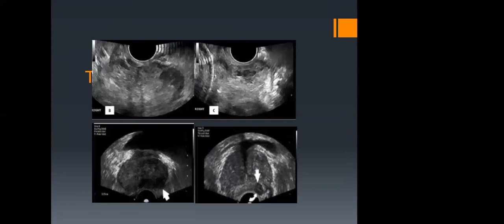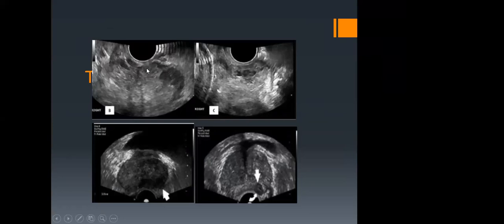Now, when it comes to transrectal, surely we can see the different variations. You have multiple small lesions, hypoechoic, with ill-defined margins. This is a lesion, ill-defined margins. And when you look at this lesion, our capsule contour is obliterated.